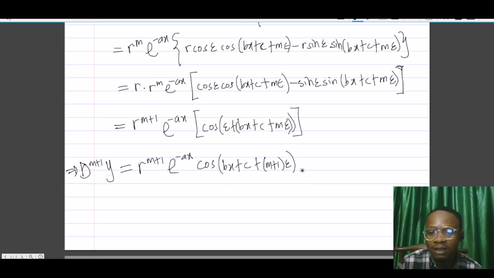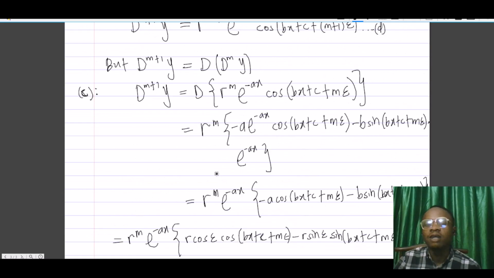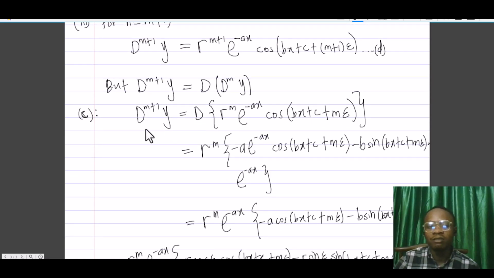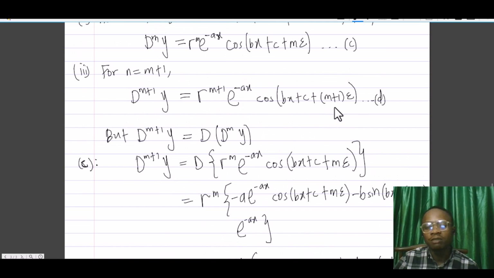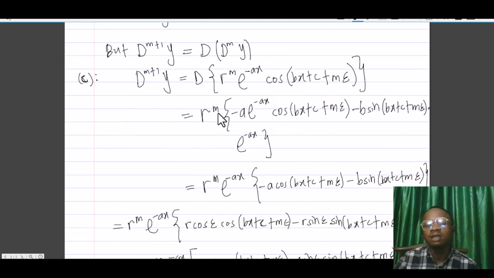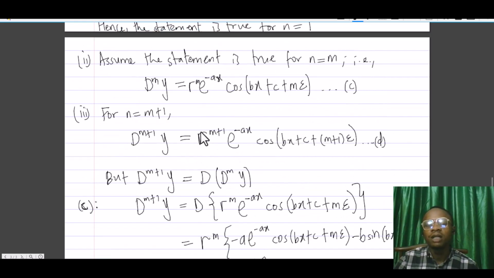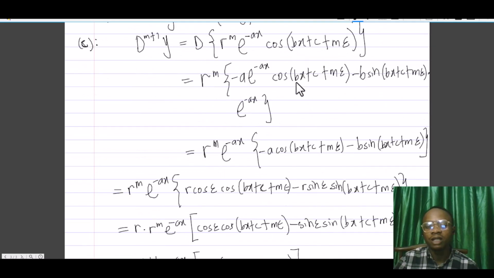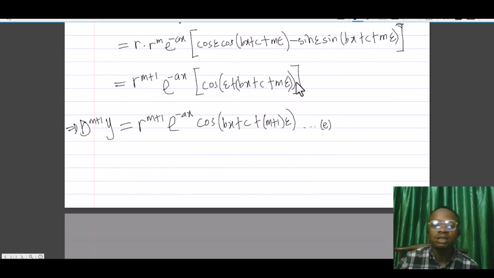So we can identify our equation E. So going by equation D and E, we have been able to say that the one provided for by the formula, which was this, is the same thing as what we would have obtained by differentiating the mth derivative. So by that, we verify that the statement is indeed true for n equal to m plus 1.